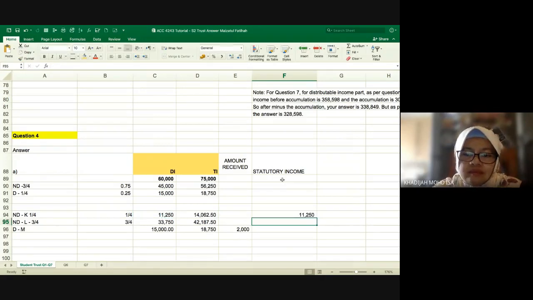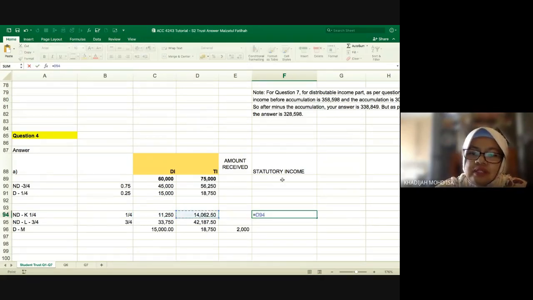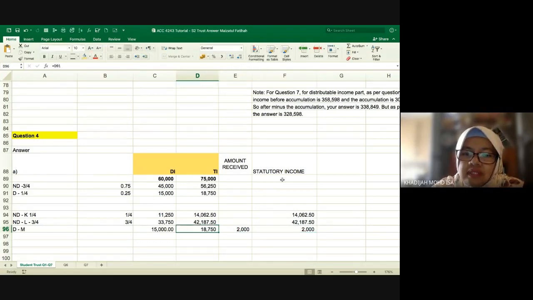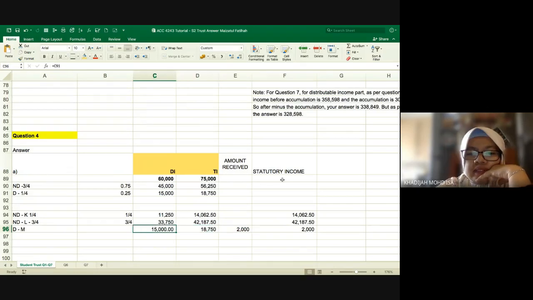Okay, which is 14,000, and this one also non-discretionary, you take the total income. But for the discretionary, you're going to take the lower of amount received as compared to the DI. Why you compute DI here, I don't know. Amount received is actually 2,000, which is very far below the distributable income.